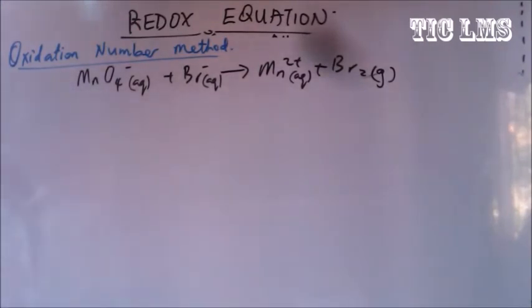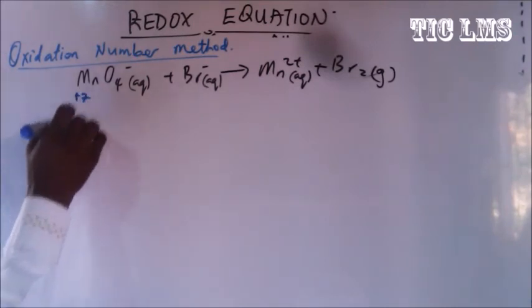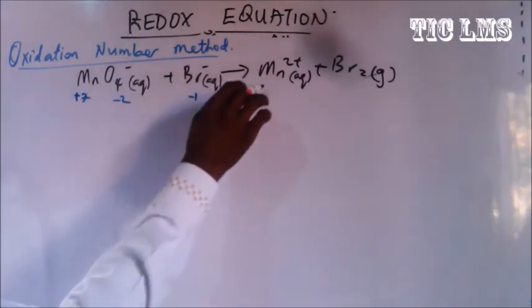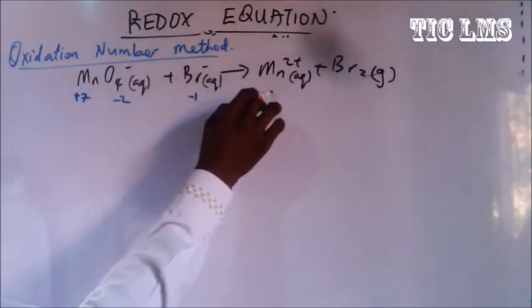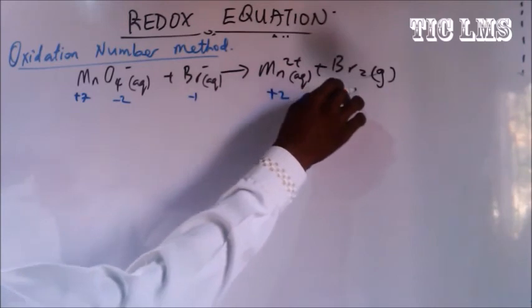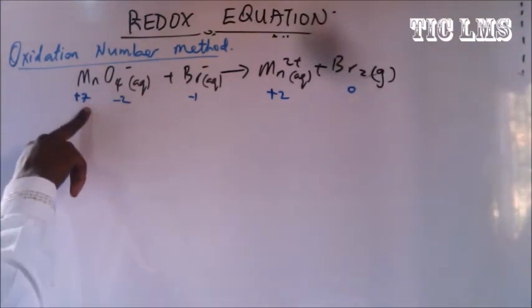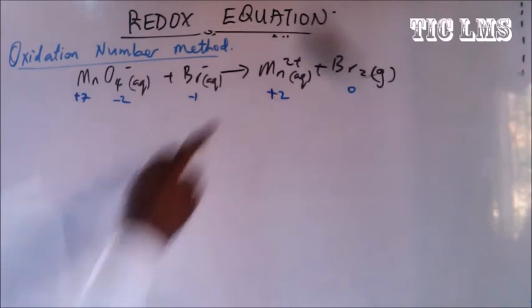First, we write the oxidation number of each of the elements. Manganese here has an oxidation number of +7, oxygen here has -2, bromine has -1, and manganese has +2, and then 0 for bromine. Now from all this, it means that manganese has reduced from +7 to +2.